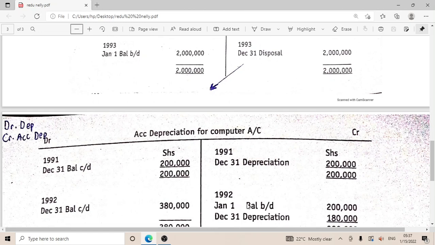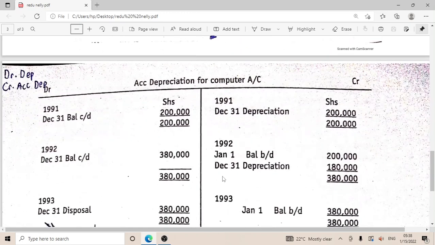So here you'll have your credit balance, which is 200,000 still. This will cross over to this side. So in 1992 you have January 1st as your opening balance of 200,000. Then remember, with accumulated depreciation you have to credit it, so you automatically go on the credit side.